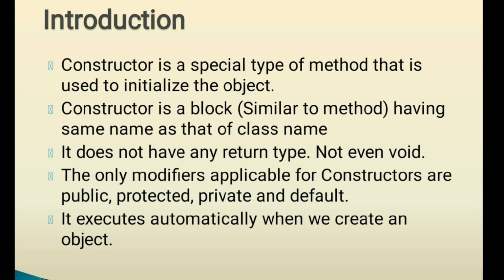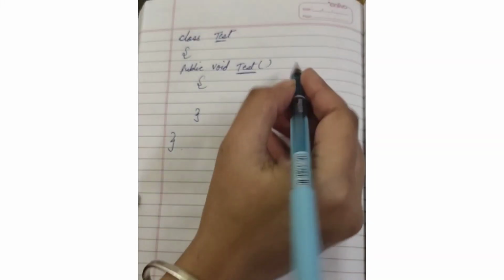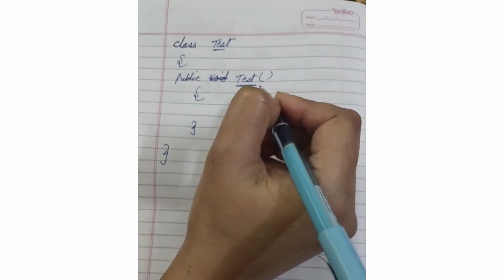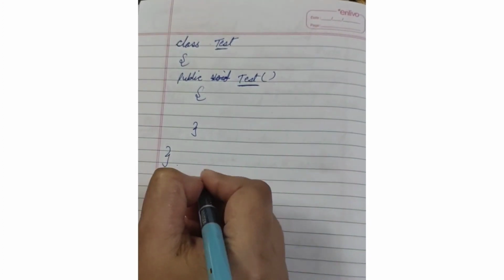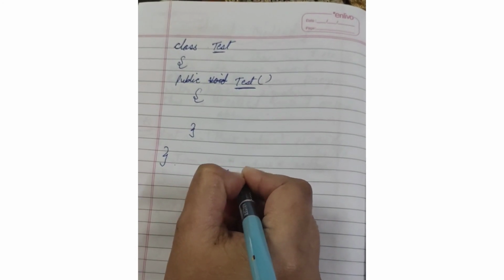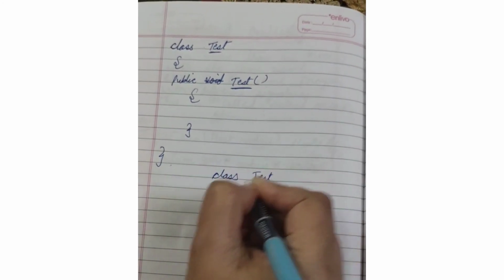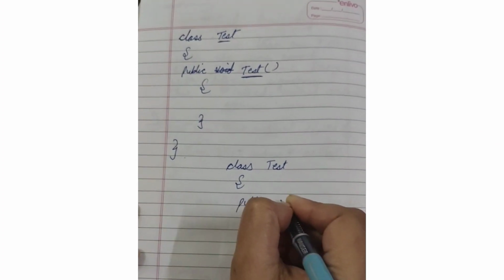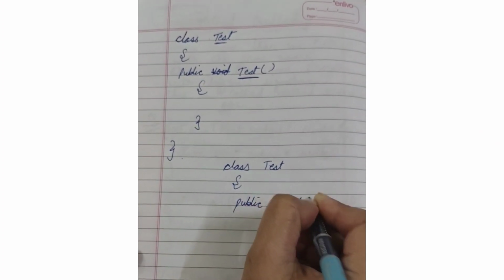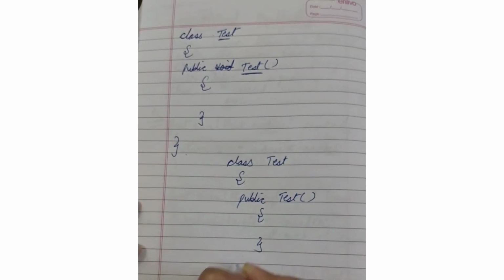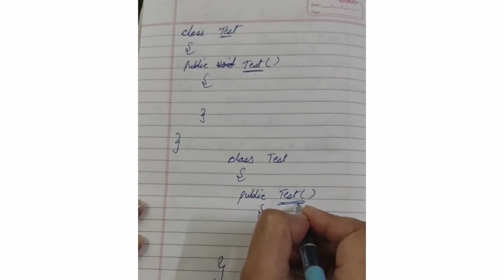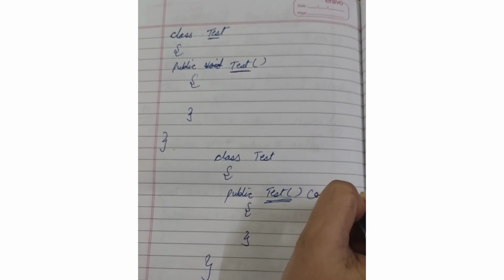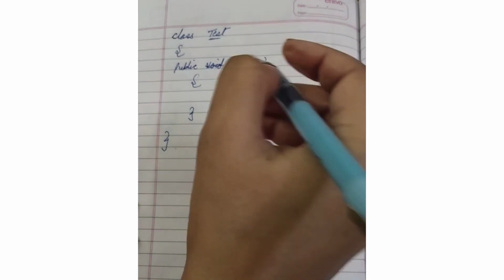It does not have any return type. Now if I remove void, then test will be considered as your constructor. If I write class test as the name of a class, then public test, this you can consider as your constructor.